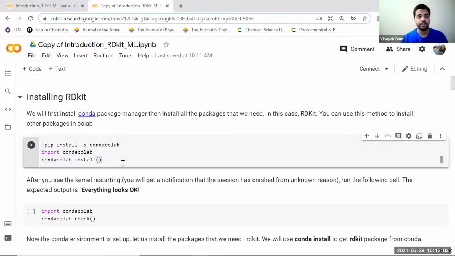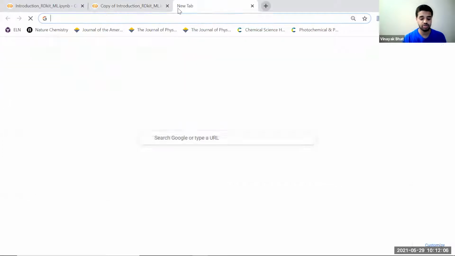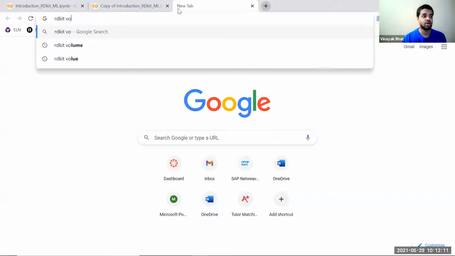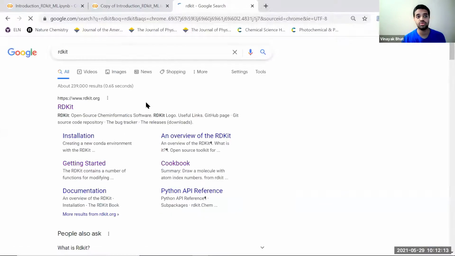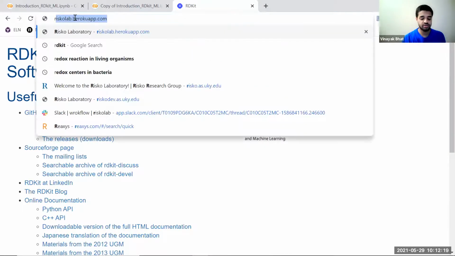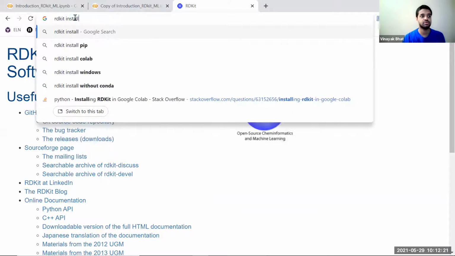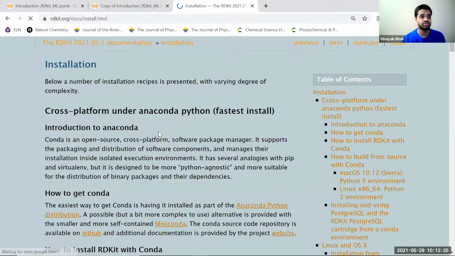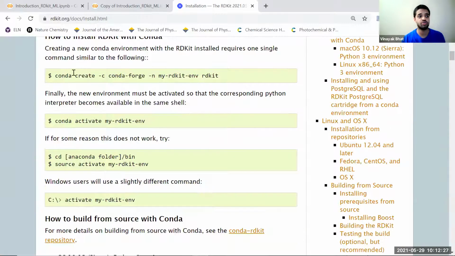So RDKit, if you look at the installation of RDKit, and I'll also tell you how to install RDKit so that you know how things work in packages and other things. If you go to installation of RDKit, this is usually installed with conda.